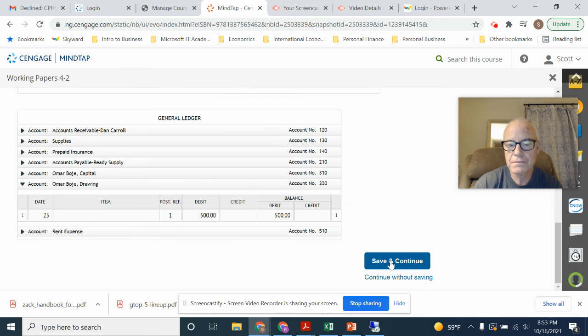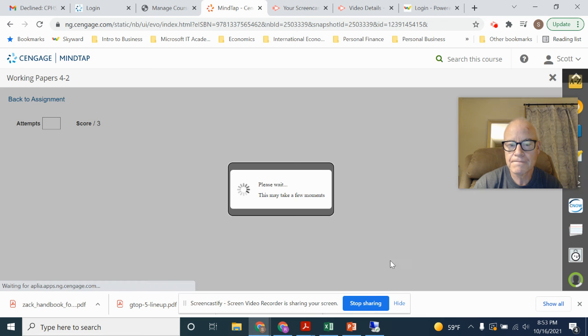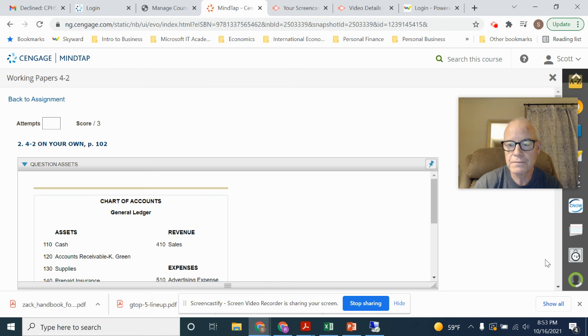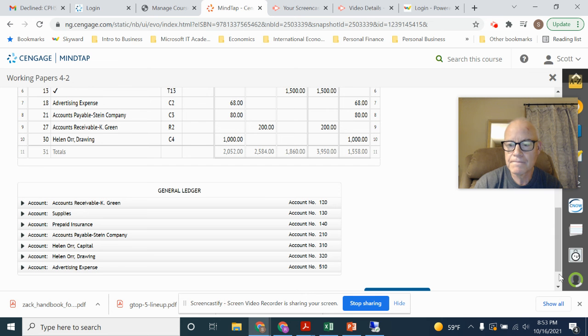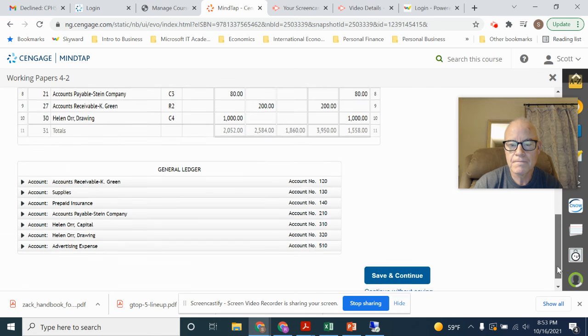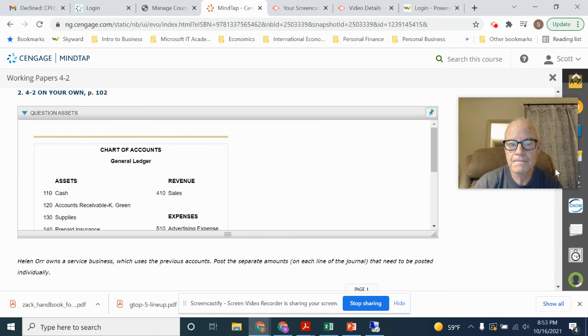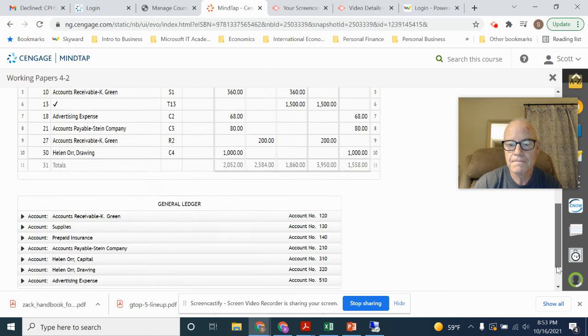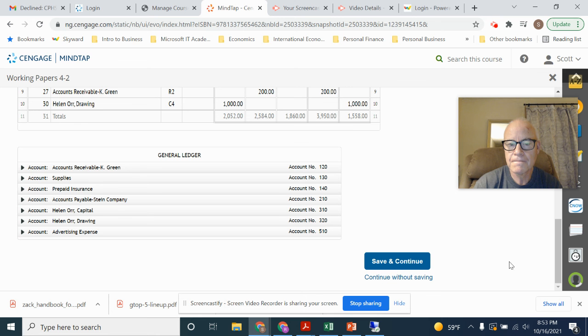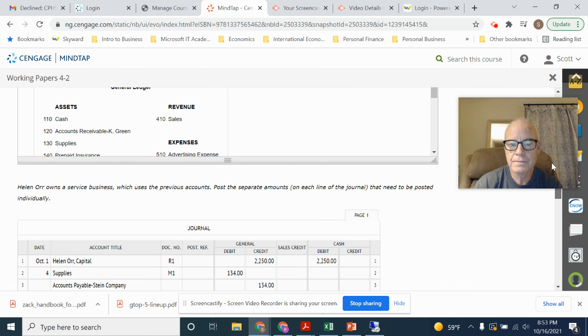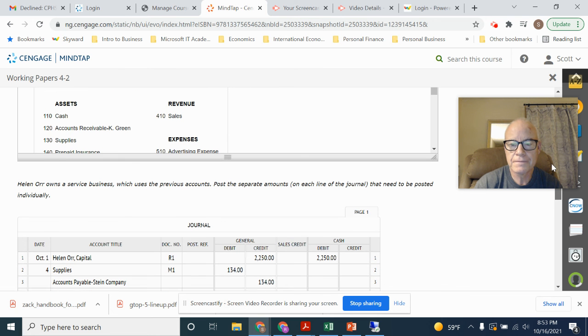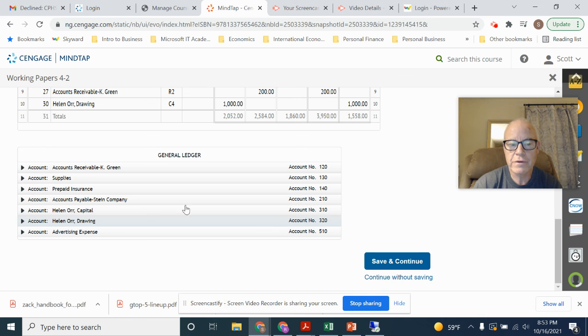Save and continue. How did I do? But I thought I already hit save and continue. Page 1. I already posted them.